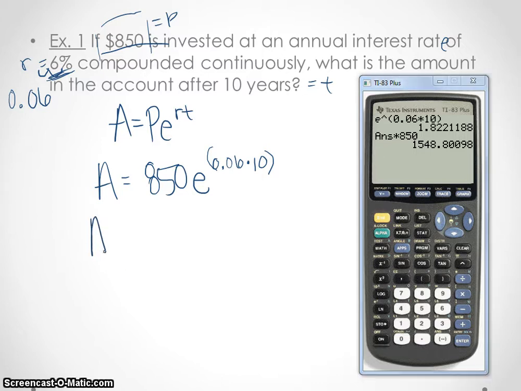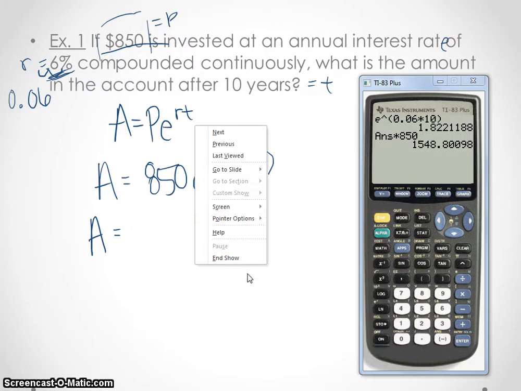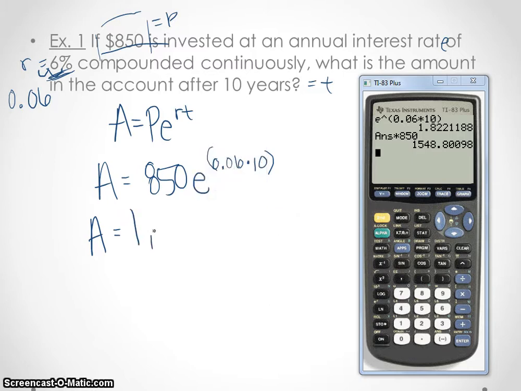So A equals, oops, 15... yikes, hang on. I was thinking 8. I had 8 on the brain. Sorry, it's $1,548.80.